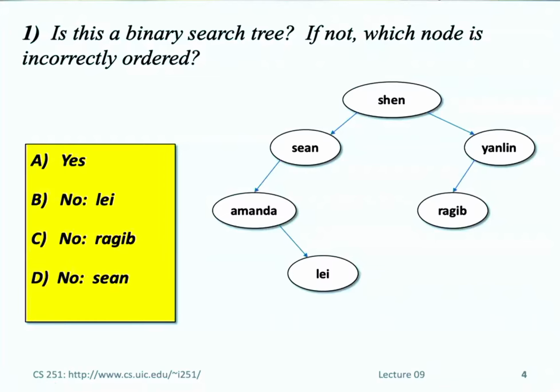It has to be to the right of Amanda, and we've got Lee here, and R is greater than L, so it's going to be towards the right. So it's going to come out something like right here. In this case, it would become a valid binary search tree.